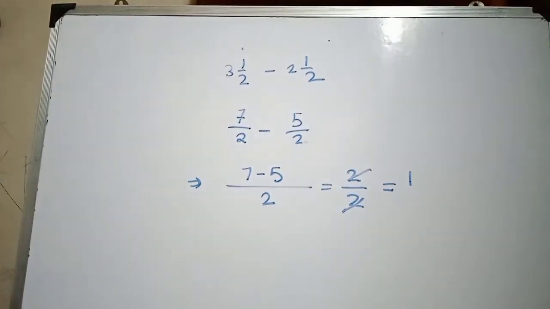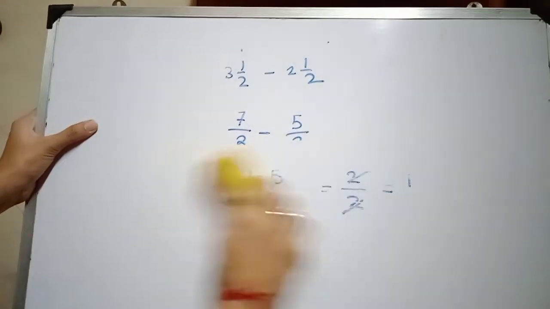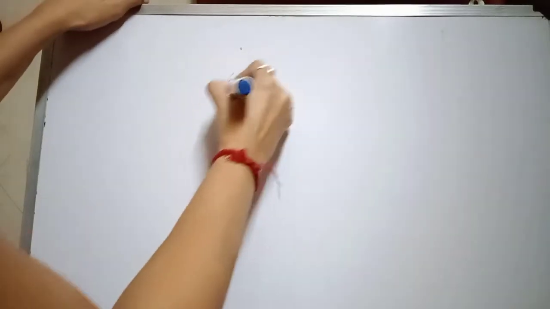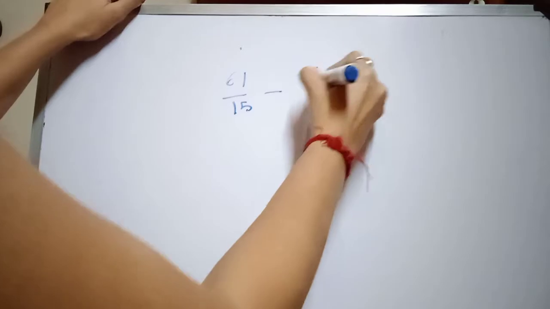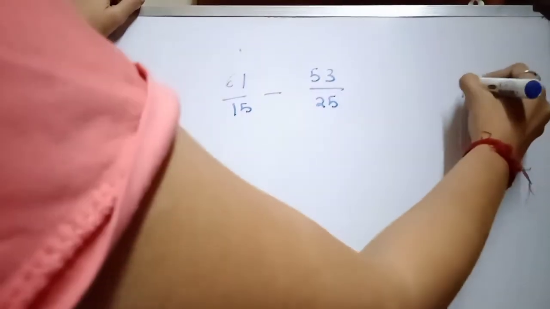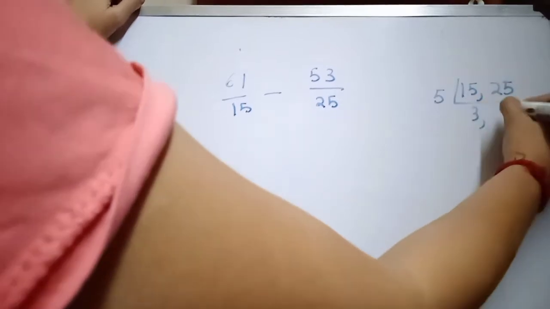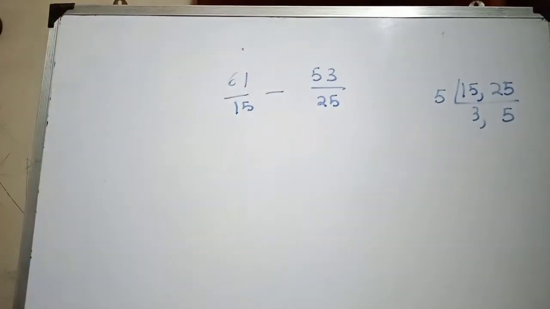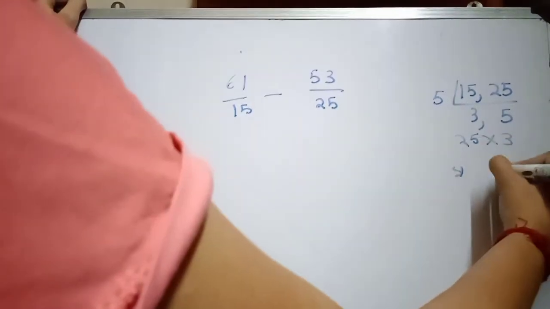Now let us take another example from page 115. There I will do 61 by 15 minus 53 by 25. So I have to find the LCM of 15 and 25. So 5 times 3, and 5 times 5 is 25. 25 into 3 is 75.